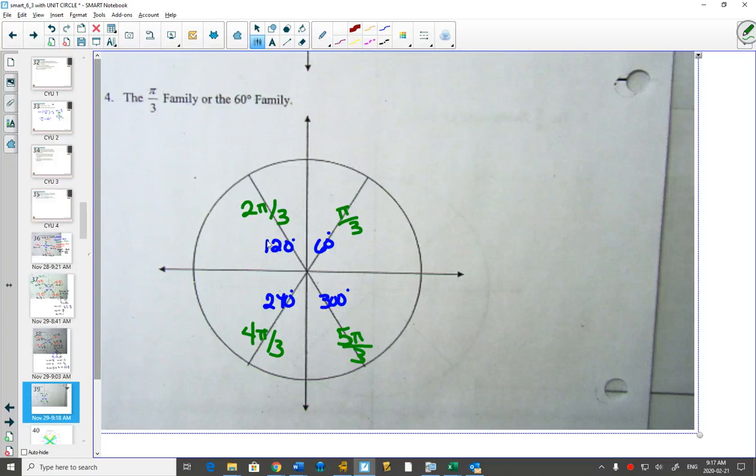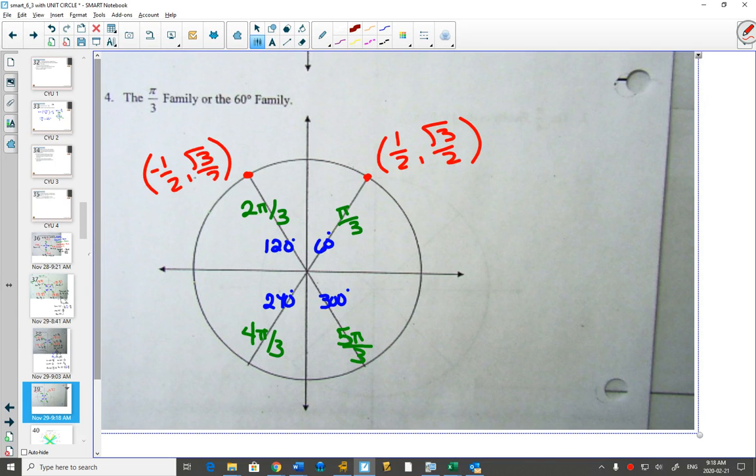And since we've already done the special triangle, there's our coordinates, and from that, x-coordinate now negative.